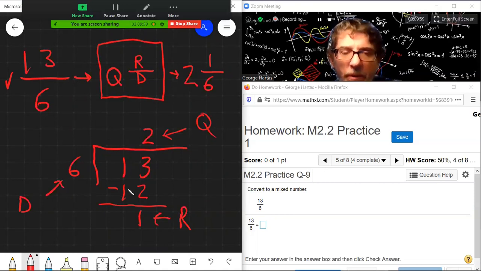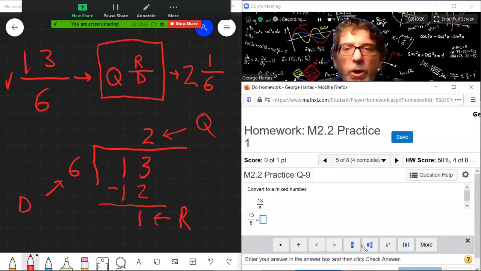So remember to do this, label each part of the long division here, QRD. Remember the format, QRD, and then just take these numbers and put them in where they belong. Quotient 2, remainder 1, divisor 6. Now, the way you're going to put this in the system, you're going to use this mixed number symbol down here, this button.